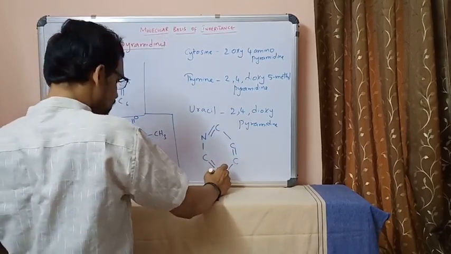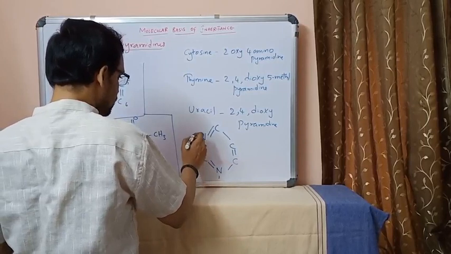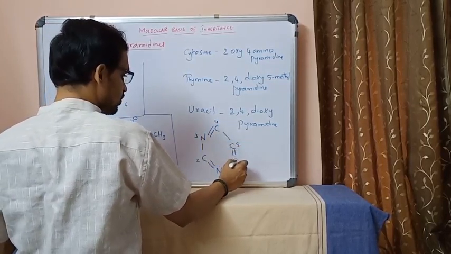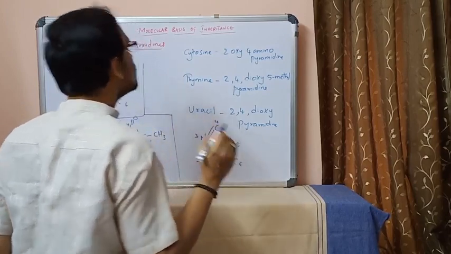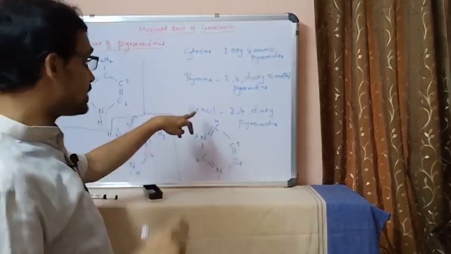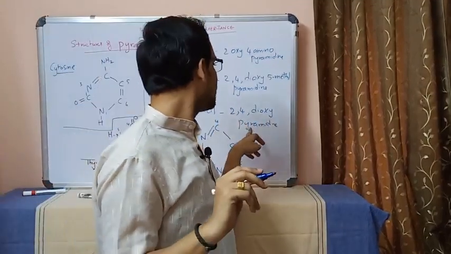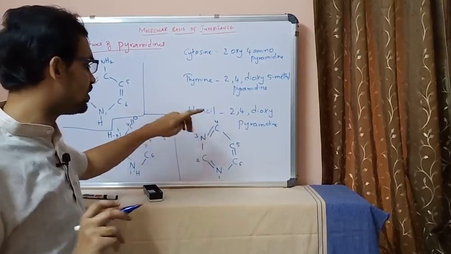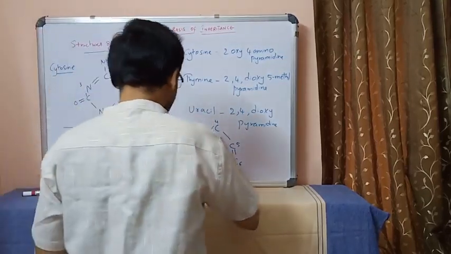Numbering should be in the clockwise manner. So this is the general structure of the pyrimidine. So what is the chemical name of the uracil? 2,4-dioxy-pyrimidine. So at the second position and the fourth position, oxygen should be there.